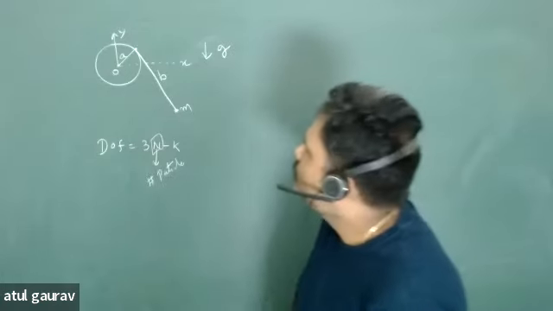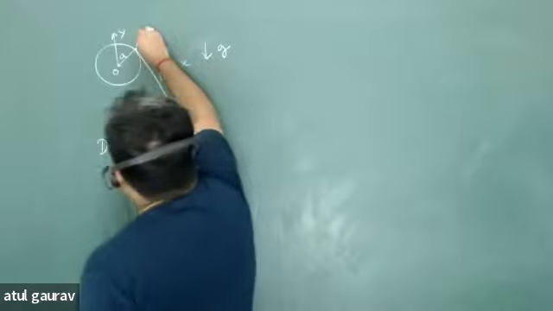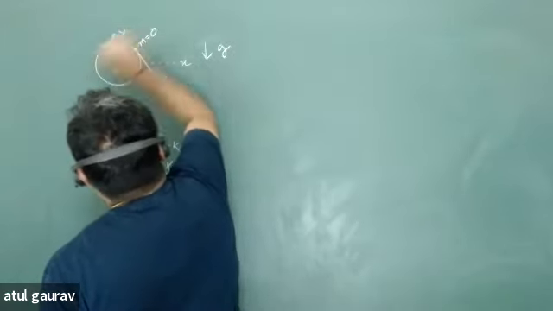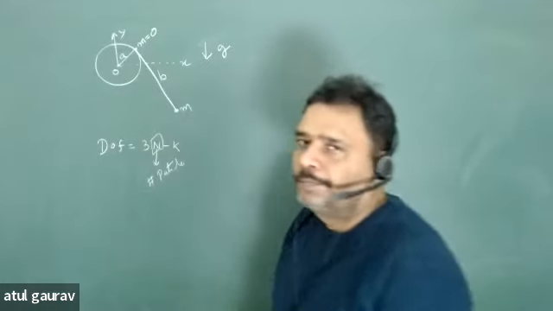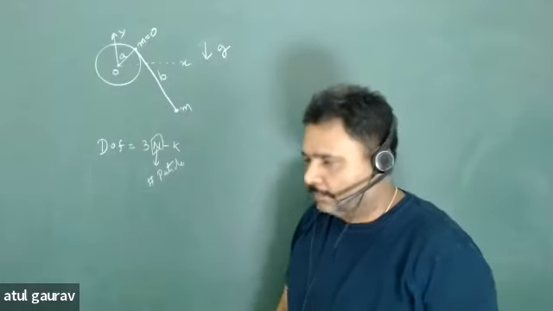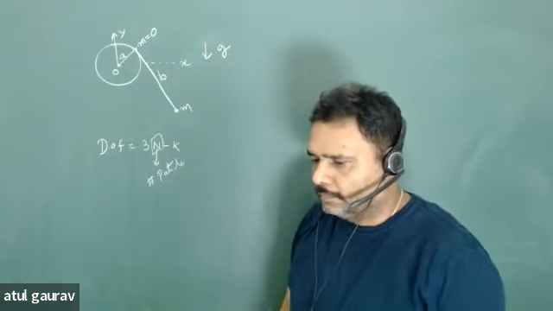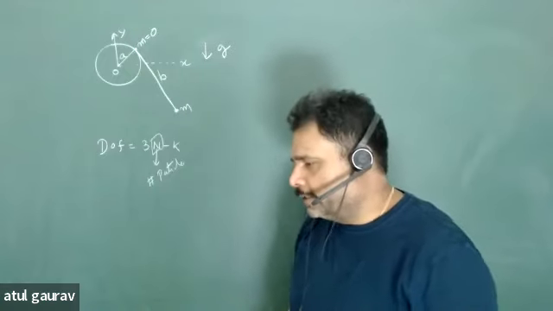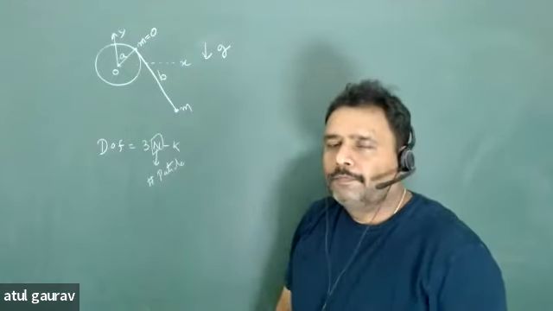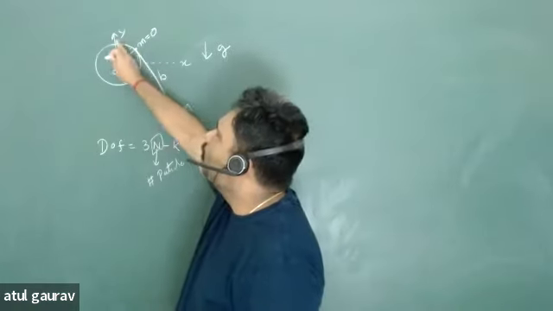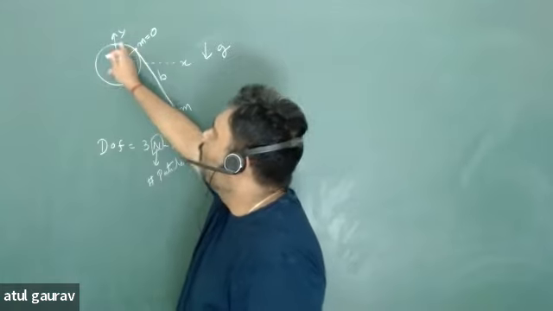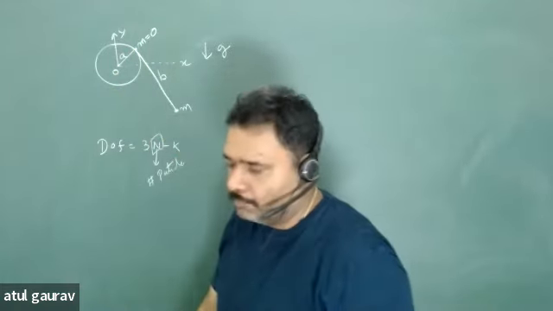So can I assume that this point has mass m equal to 0 and is freely moving on a vertical circle? Yes, sir. Can we assume this? Because this point is also contributing to one particular degree of freedom.